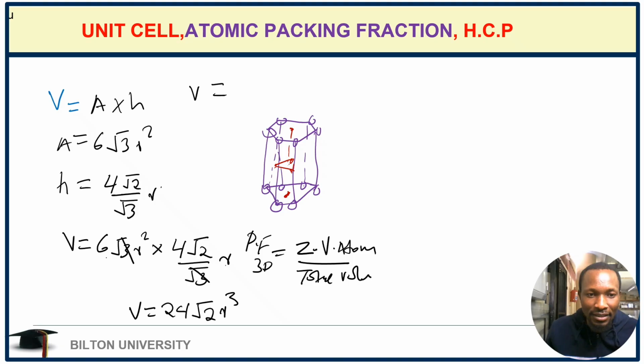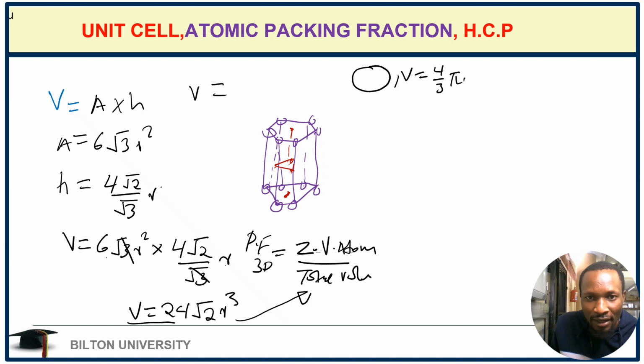So now we have calculated the total volume, which is 24 root 2 r cubed. Okay, so we need to calculate the volume of the atom and the effective number Z. If you look at the atom, it looks like a sphere, and the volume of a sphere is given by 4 over 3 pi r cubed. So we have the volume of the atom.